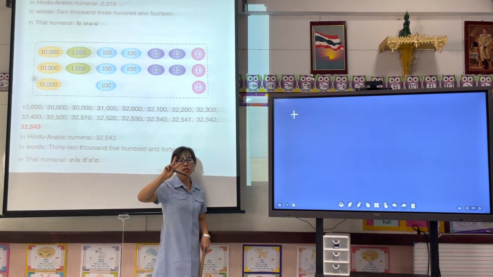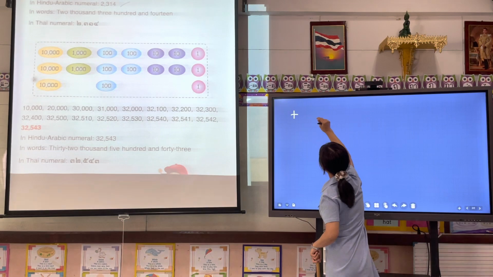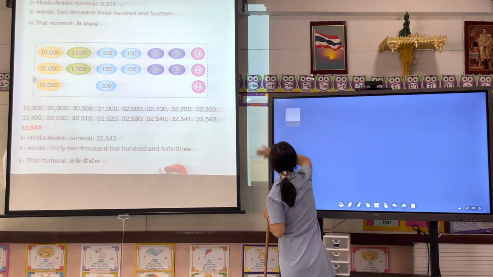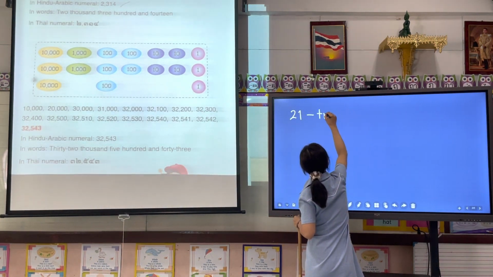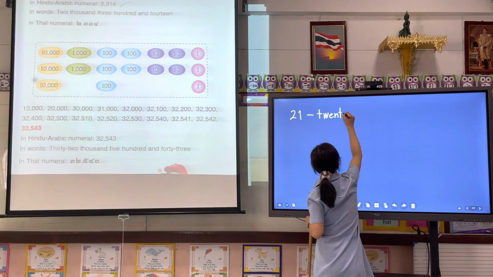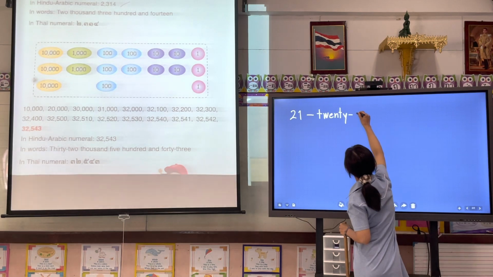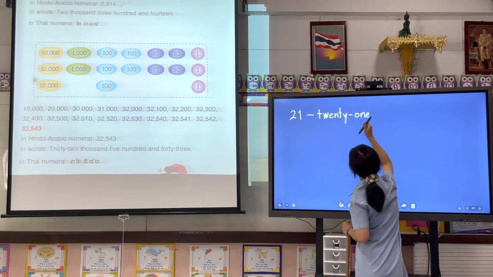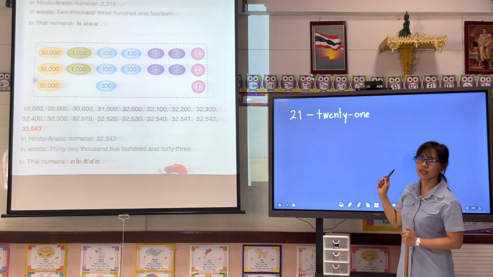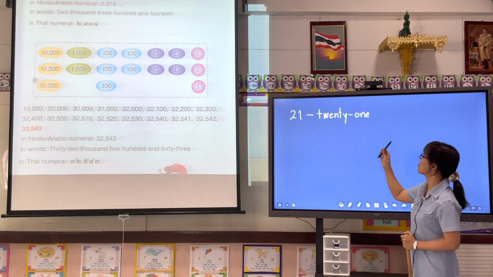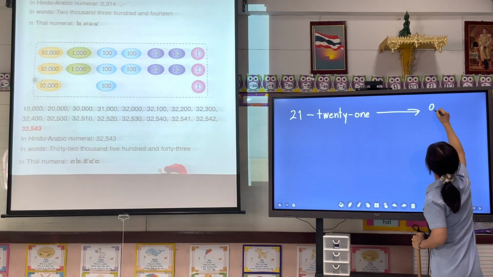When we write 2-digit numbers, starting from 21, we have to insert a hyphen to separate the tens and the ones. It's starting from 21 all the way to 99.